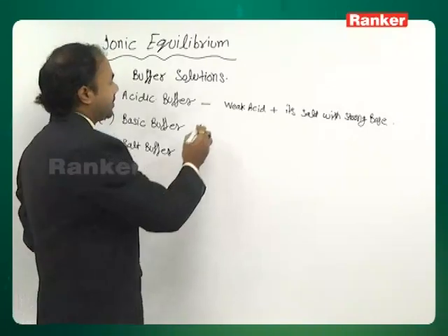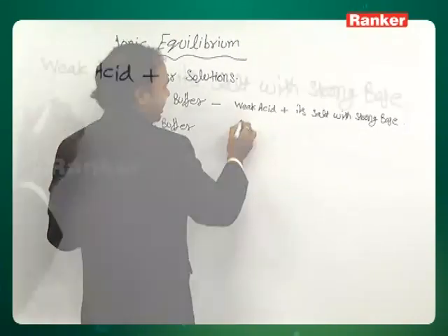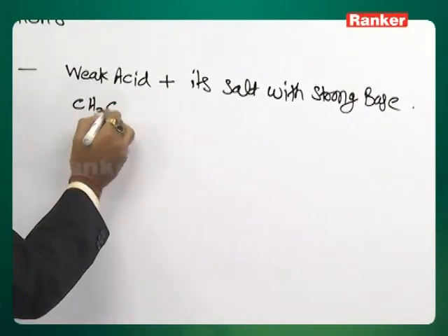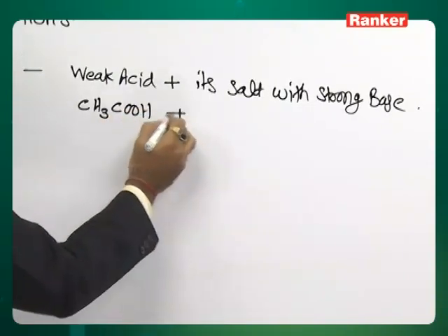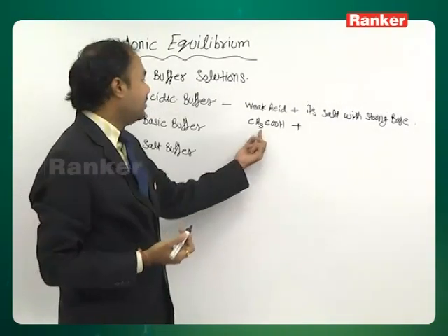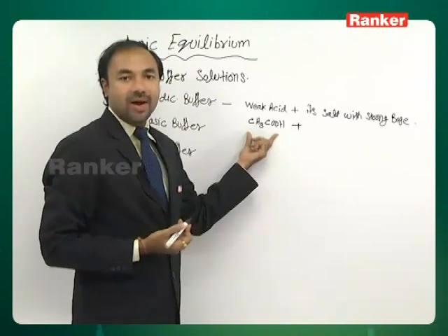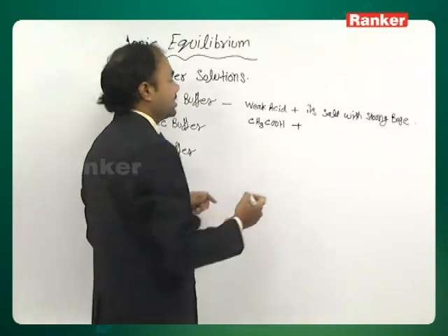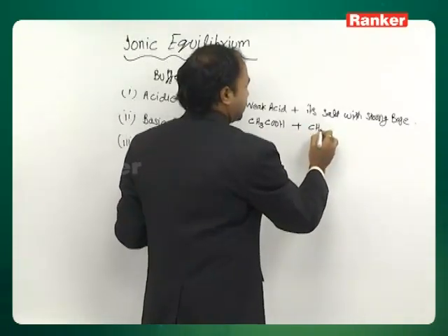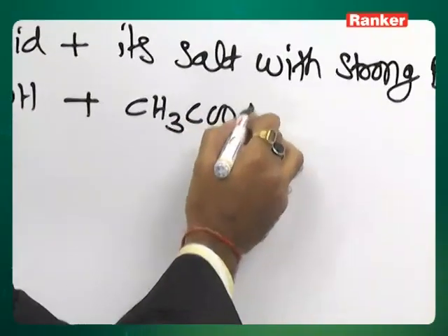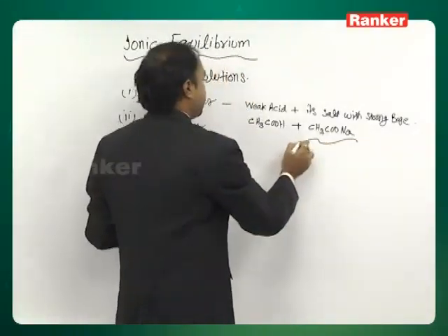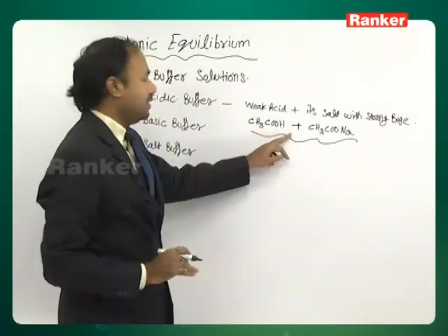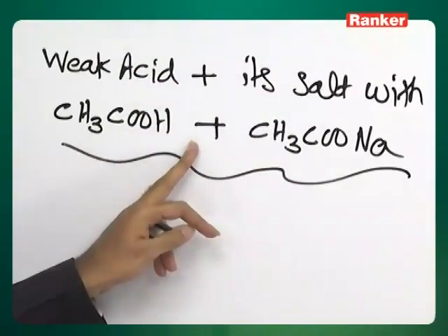Example we will pick up here. We take weak acid as acetic acid. Its salt with a strong base will be, we treat it with sodium hydroxide, so we get sodium acetate, CH3COONa. This mixture is going to behave as an acidic buffer, right?